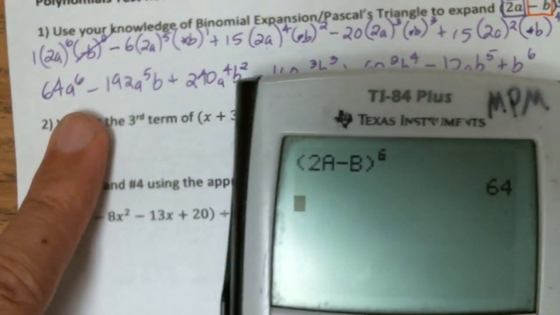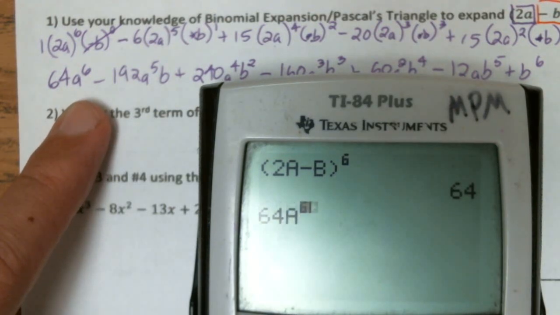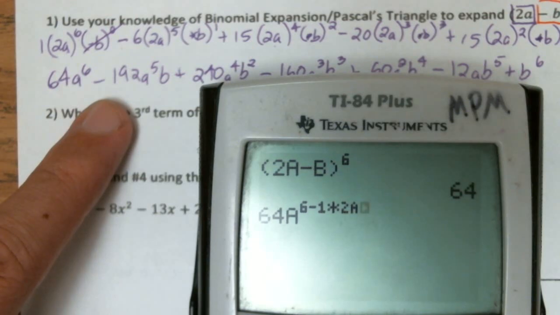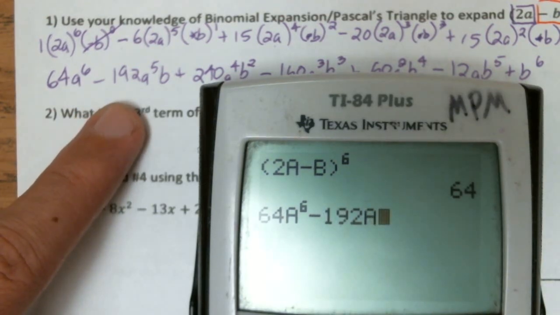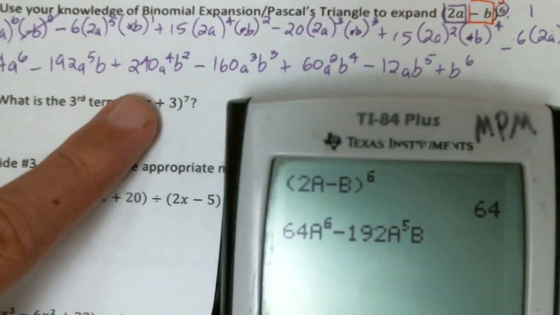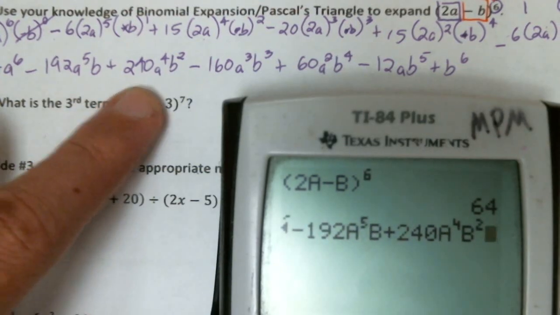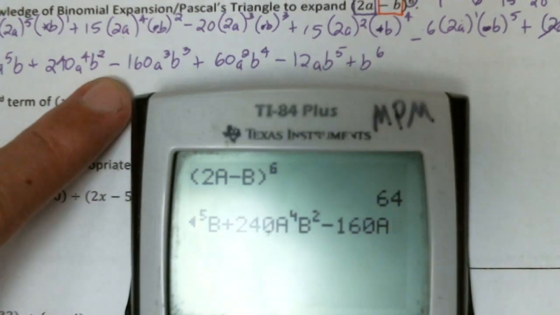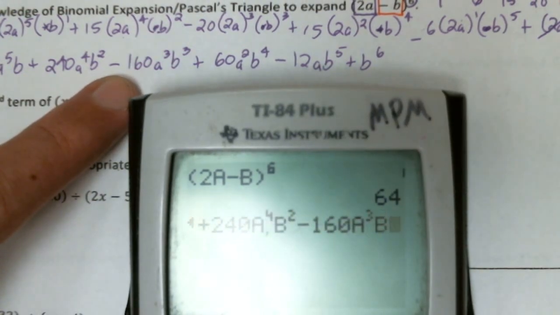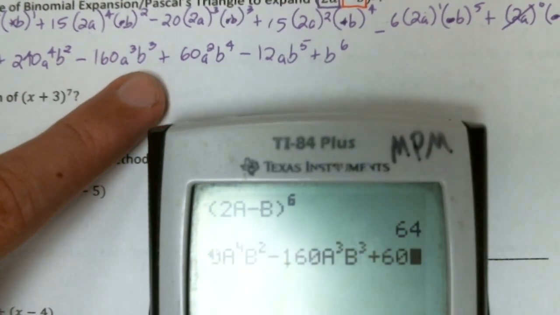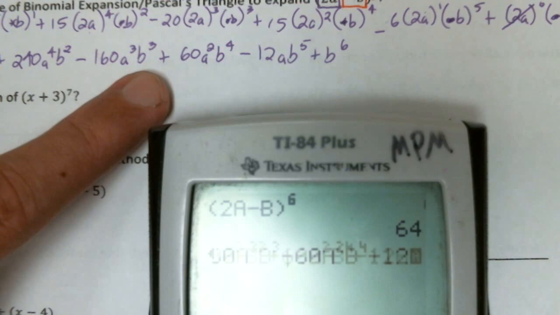You know what? Let's just go ahead and do it. 64 alpha A raised to the 6th, minus 192 alpha A raised to the 5th, alpha B. This is one of the longer ones to check, of course, plus 240 alpha A raised to the 4th, B squared, minus 160 alpha A raised to the 3rd, alpha B raised to the 3rd, plus 60 alpha A squared, alpha B raised to the 4th, minus 12 alpha A, alpha B raised to the 5th, plus alpha B raised to the 6th.